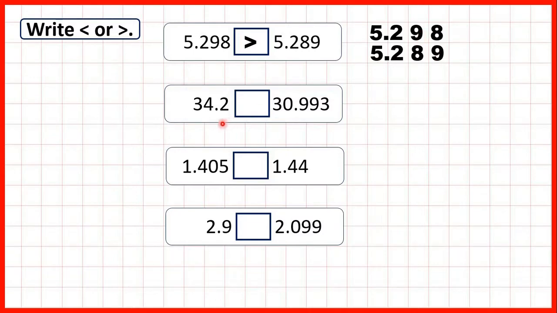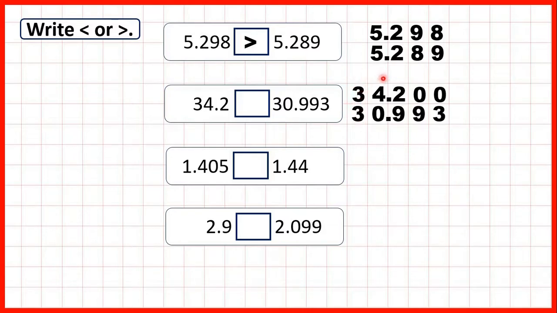Now we have 34.2 and 30.993. So our decimal points are lined up, which means our place values are lined up as well. And sometimes it's easier if we have empty squares, like we have here, to write zeros in those empty squares. Now we start by comparing the larger place values, which here is our tens, and both numbers have 3 tens.